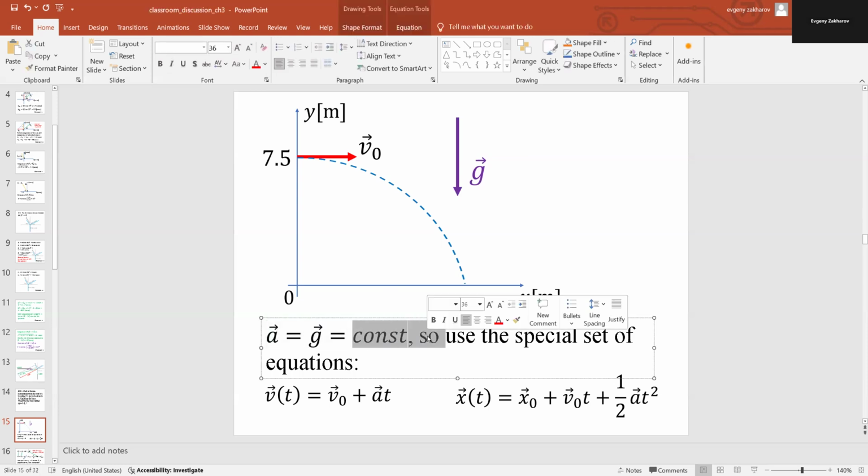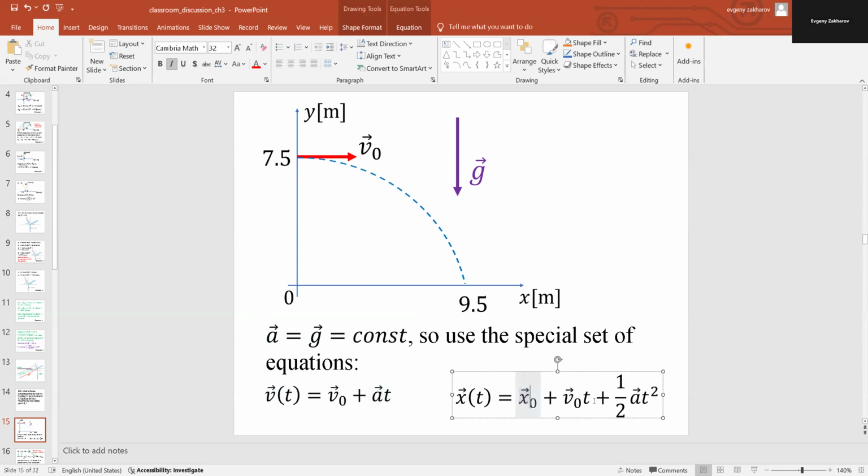And acceleration is constant, so we can use the two special equations, one for velocity, the other one for position. Once again, it's not necessarily just x, it can be y, it can be z. Any coordinate is good, and you'll get the same set of general kinematics equations.